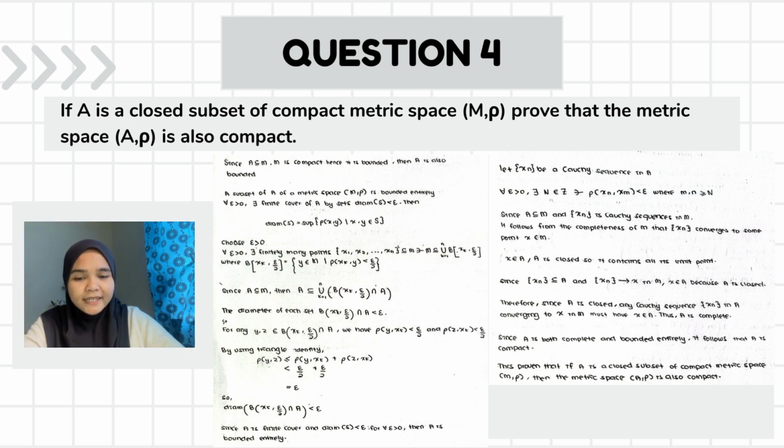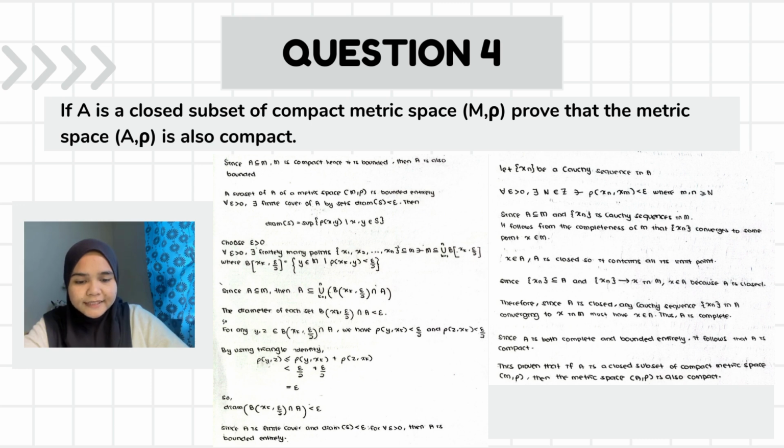To show that x is an element of A, we use the fact that A is closed, so it contains all its limit points. That is, if a sequence of points in A converges to a limit x in M, then x must be in A. So since xn is in A and xn is approaching x in M, we can conclude that x is an element of A because A is closed.